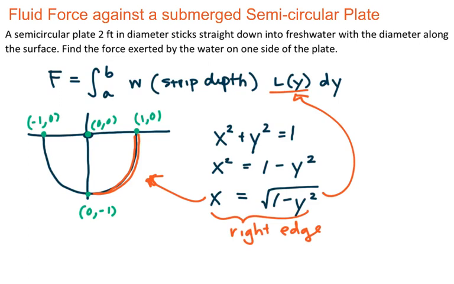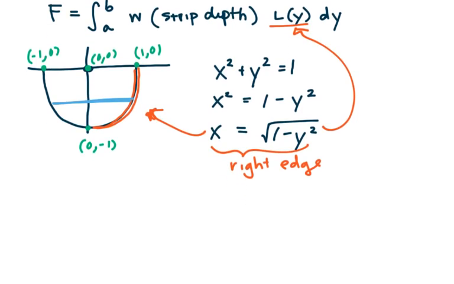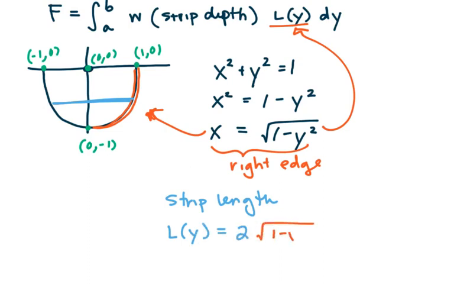So the strip length, the length of that strip all the way across, is going to be 2 of those. So when we look at doing this, the strip length, we're going to say that L of y is 2 of that square root of 1 minus y squared.